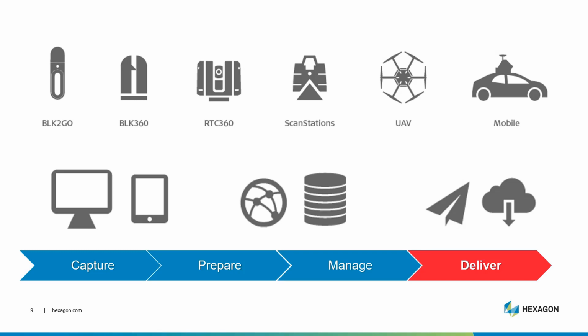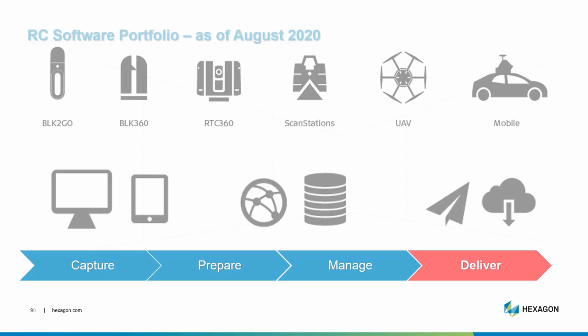That could be our internal colleagues or internal customers, where we have survey divisions within a big consultancy firm, for example, but it could also be sharing that data with external contractors, maybe for drafting or creating BIM content, or just for the general public, putting something up on TrueView or on JetStream and allowing people to access that from multiple locations. So that's capture, prepare, manage, deliver, and we'll come back to that shortly.